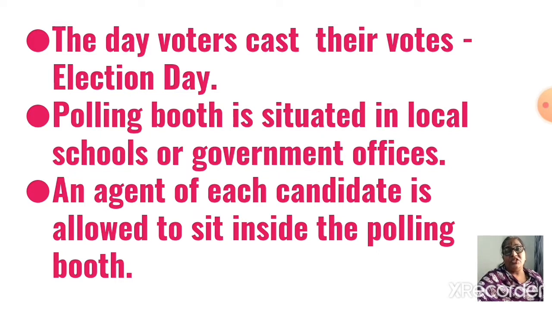And these agents check whether the voting is carried out in a free and fair manner. To ensure that the voting takes place in a fair manner, these agents sit in the polling booth.